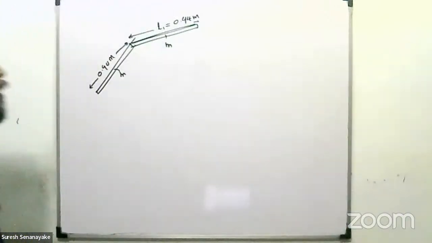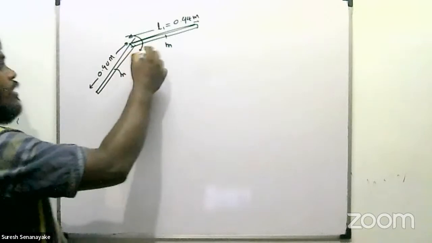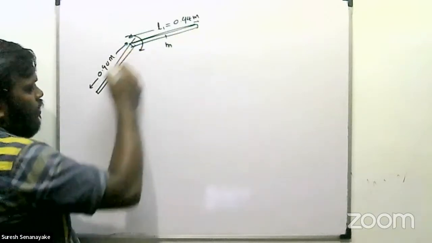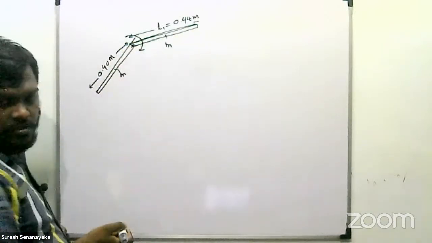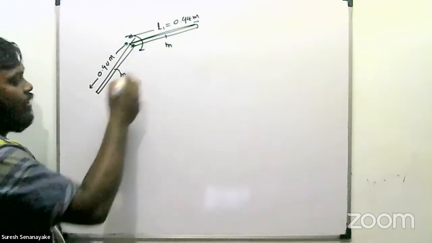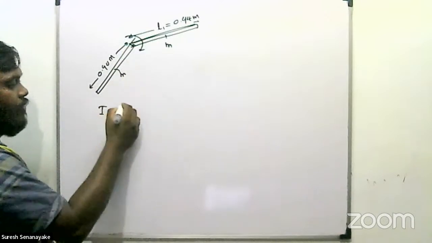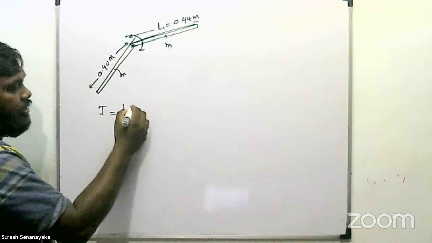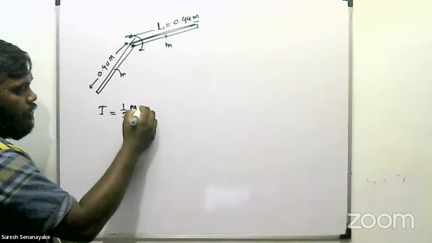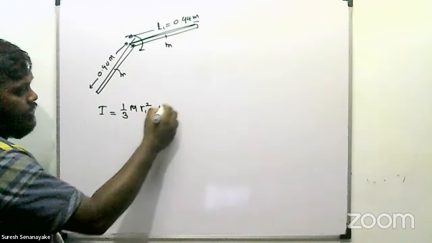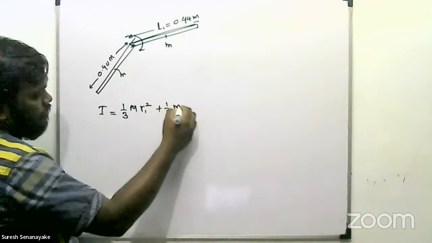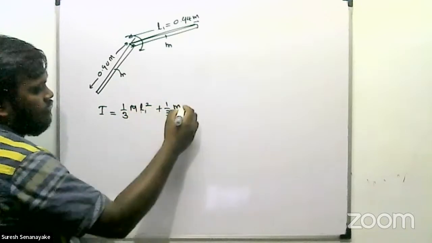Right? Then when it rotates, you can write it as a rod rotating about this edge. The moment of inertia of one part is 1/3 M L1 square plus 1/3 M L2 square.